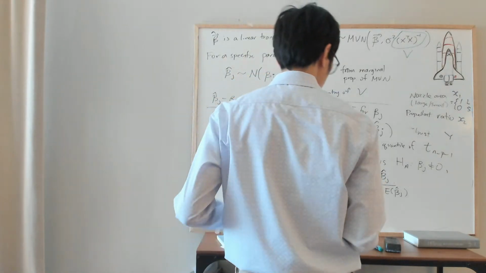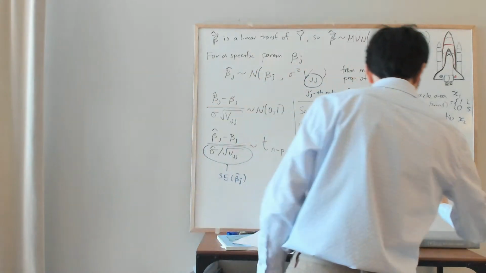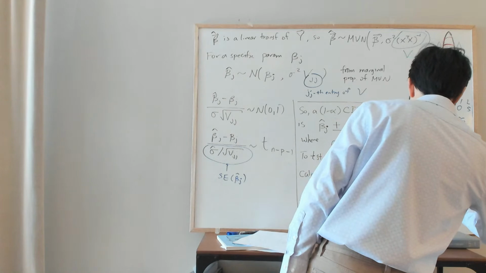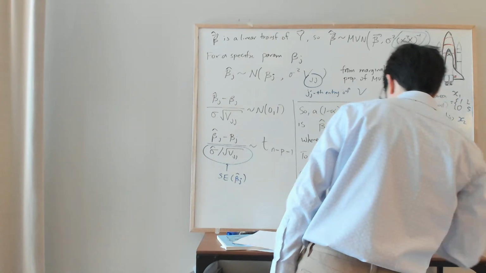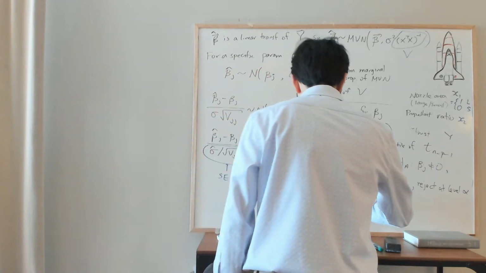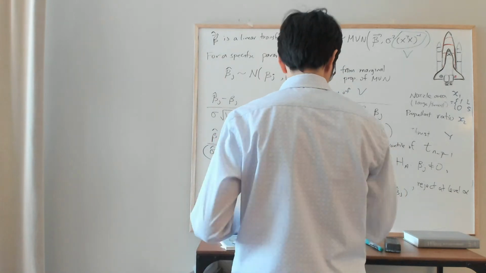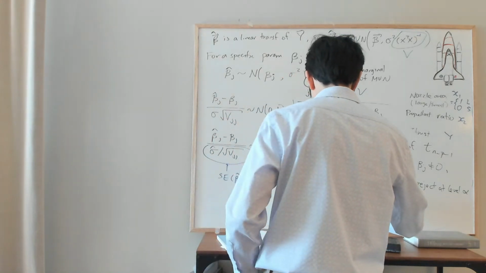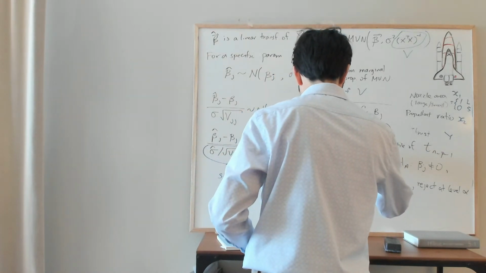We'll be talking about the same significance level, so we reject at level alpha if the absolute value is greater than the critical value. It's the same C, the same guy as here.